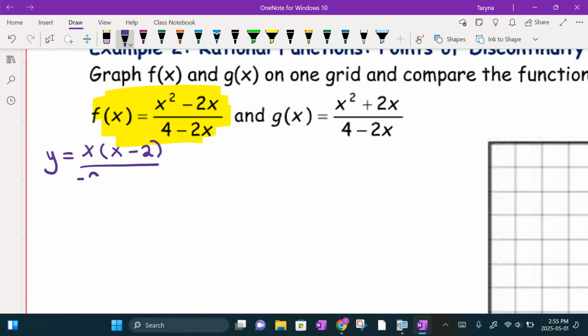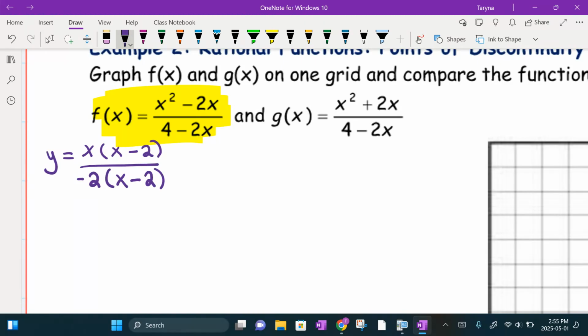If I take out a negative 2, I'm left with, I'm going to put the x first. Negative 2 divided by negative 2 is an x, and then 4 divided by negative 2 is a minus 2. Are you okay that I flipped those two things? All right, so I'm taking out a negative 2, negative 2 divided by negative 2 is an x. I put that first. 4 divided by negative 2 is negative 2. And again, if I multiply it back in, I have my original.